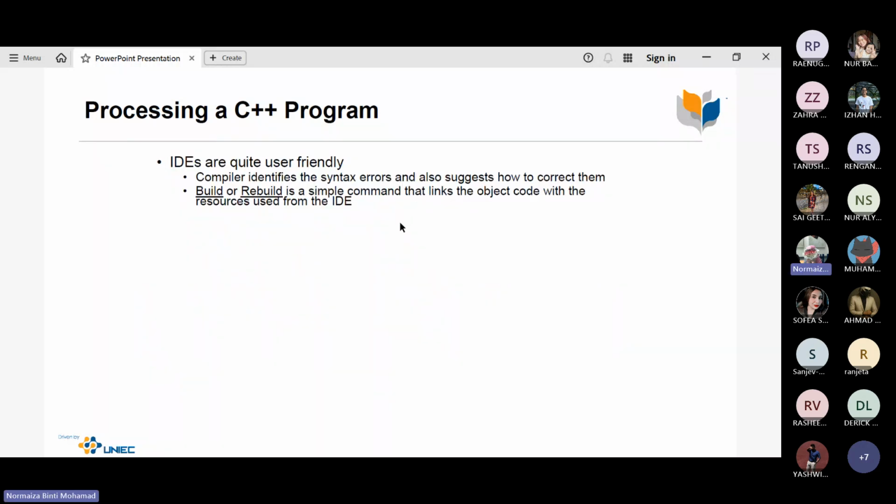IDEs are quite user friendly. If you write inside your IDE, the compiler identifies the syntax errors and also suggests how to correct them. And then this build and rebuild is a simple command that links the object code with the resources used from the IDE.